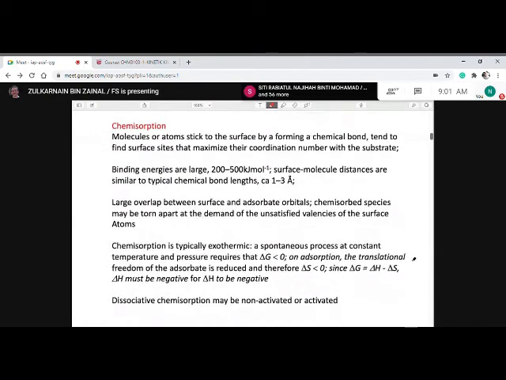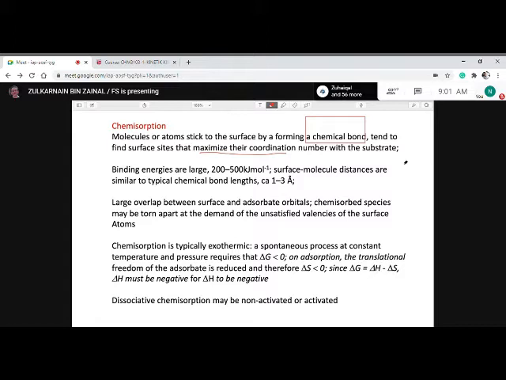Chemisorption, on the other hand, all right, molecules stick on the surface, forming chemical bonds. It also tends to find a surface site that will maximize its coordination.